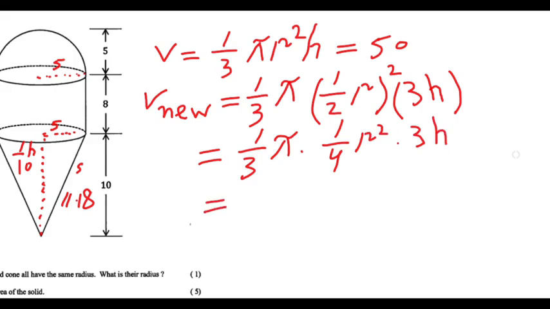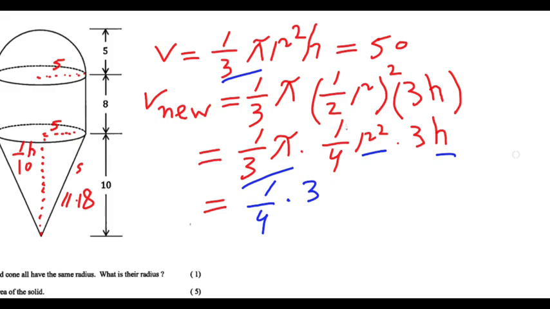Now we need to think out of the box. 1 over 3 π, and we got 1 r squared here, and h, so there we got h. In this formula, the 1 over 4 is extra, multiplied by this 3.